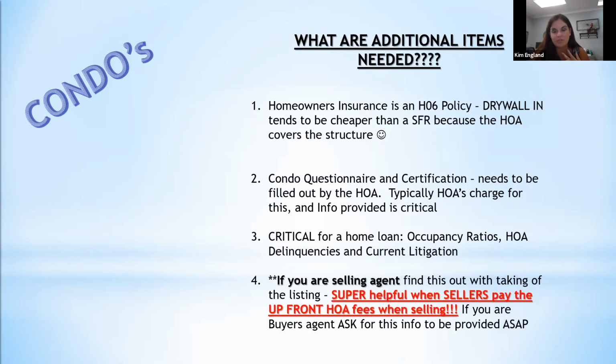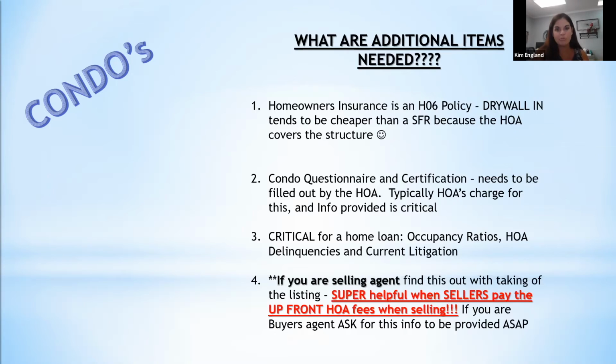Some HOAs do it, no problem. Some are really awful to get a hold of, especially now in COVID, when everybody seems to be remote and working from home. Getting them has been like pulling teeth this last couple of months. So we're trying to request them up front. Some HOAs will not release any information until the seller has paid the upfront HOA fee.